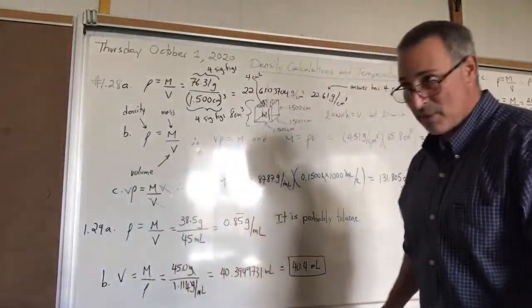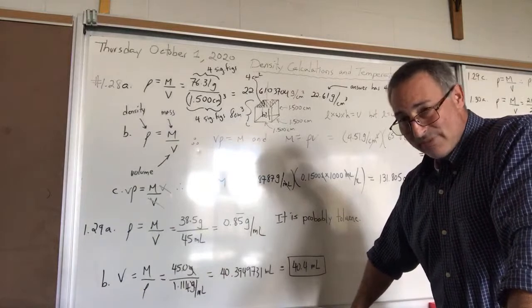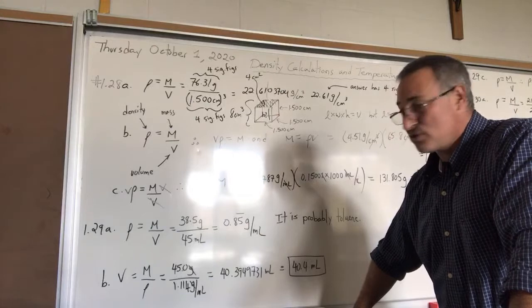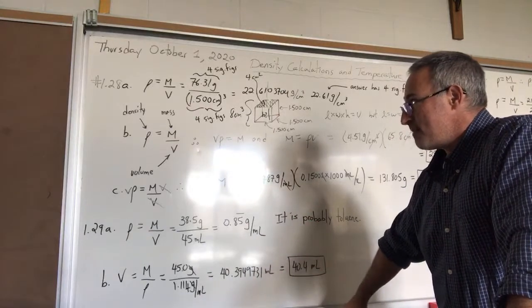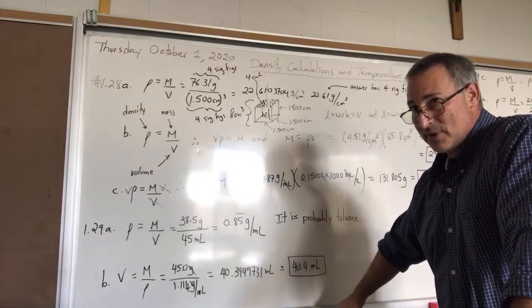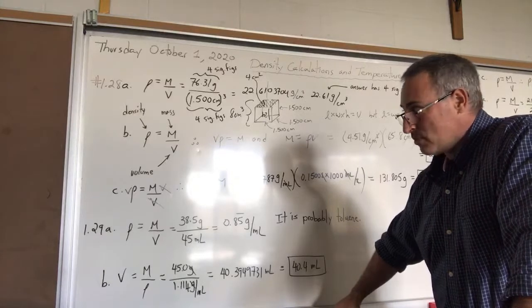First of all, sometimes in calculations, they'll throw in numbers that you don't need because you have to discern whether or not the number is needed in the calculation. And when you understand what you're doing, you'll be able to say, okay, I don't need to put that number in any part of the calculation. But it's also true that there are times when the temperature of something will make a difference. Metals are known to expand with heat.